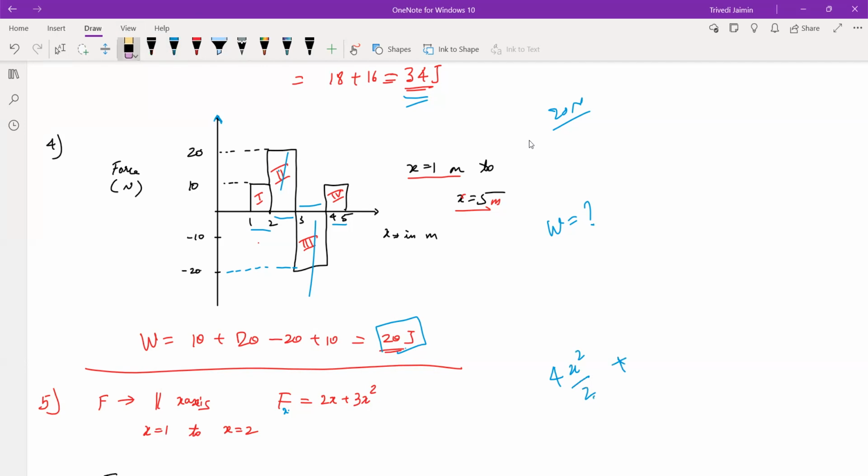Wait, what do you say? 9x plus 2. Say that again. 9x cube, sir, by 3. Oh, minus. Okay.